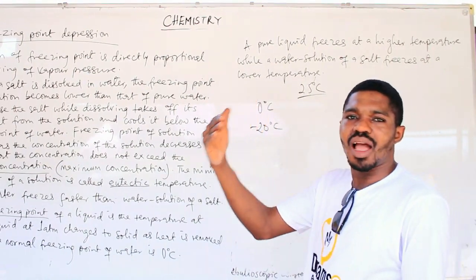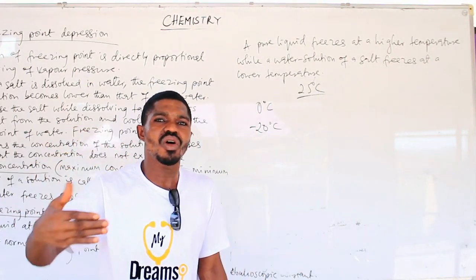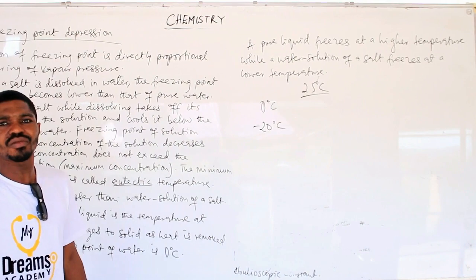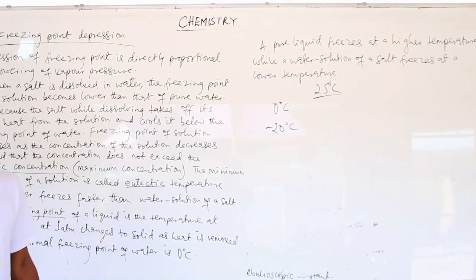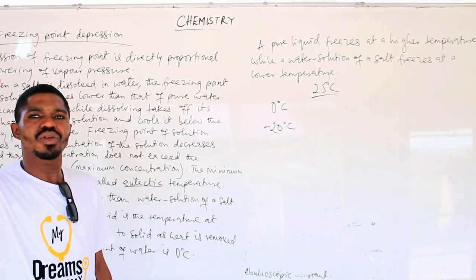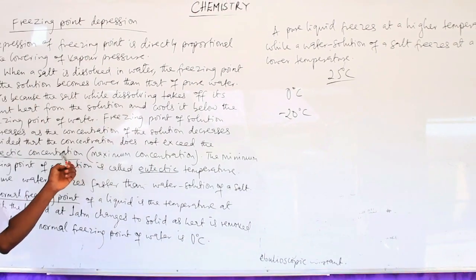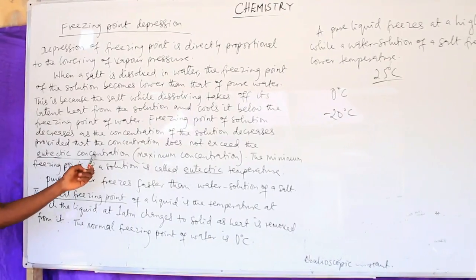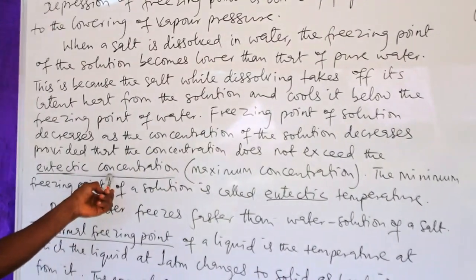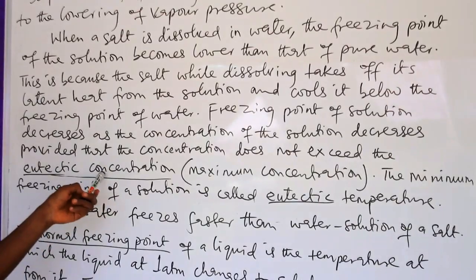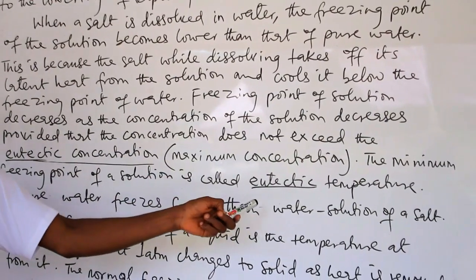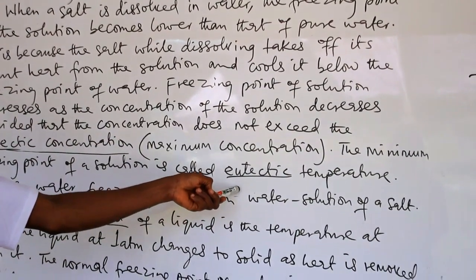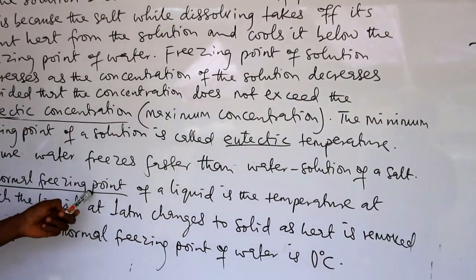But a time will come when the concentration of salt becomes excessive, becomes maximum. That is called eutectic concentration. Look at it here. Eutectic concentration. That's the maximum concentration of solute in a solution. At that point, the freezing point becomes minimum. We call that eutectic temperature.